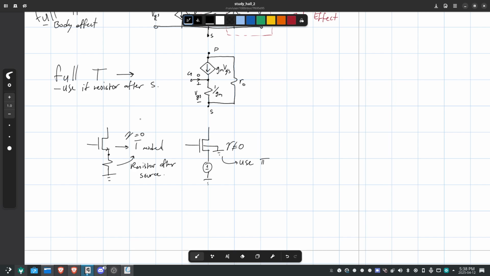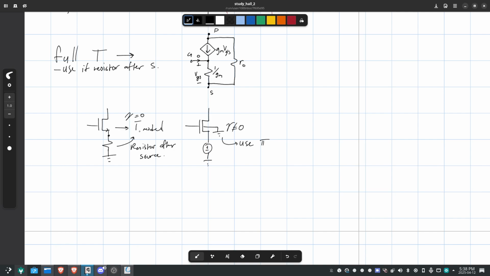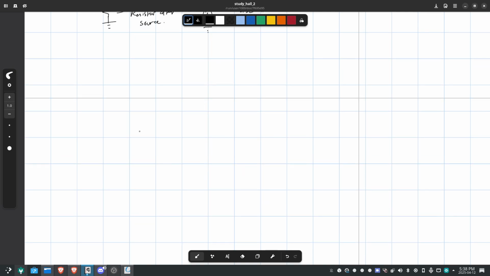Current source always points down regardless of NMOS or PMOS? Yes, but you have to remember if it's negative, then it flips direction, right? So you're going to have this current source here that's GM VGS. In a PMOS, VGS is going to be less than 0. So the current's going to be going up. You see what I mean here? Because this is actually a negative value.